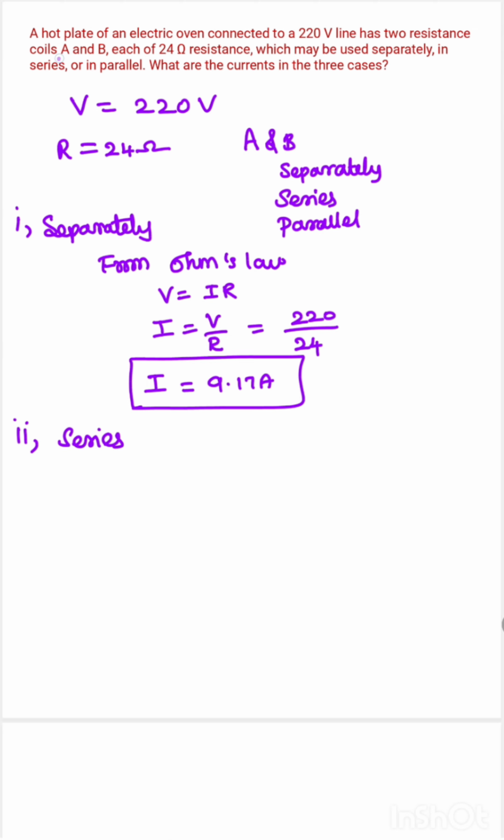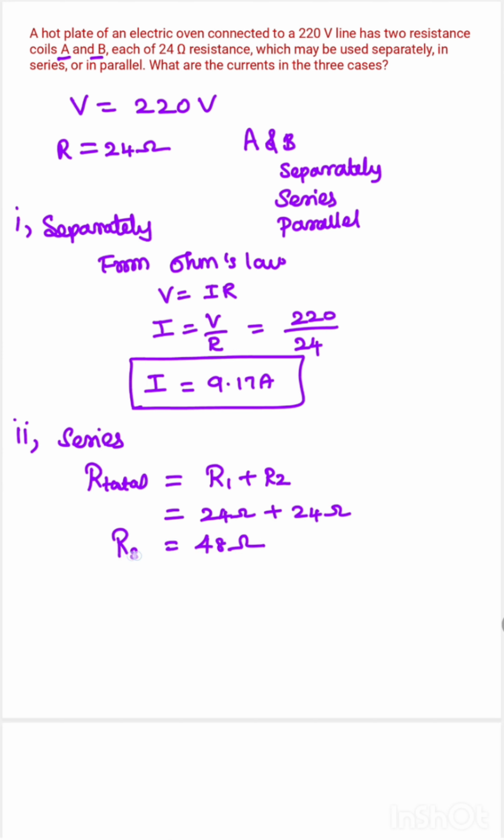These A and B resistors are connected in series. So in series, the total resistance or series resistance is equal to R1 plus R2, which is equal to 24 ohm plus 24 ohm, equal to 48 ohm. So R series is 48 ohm.